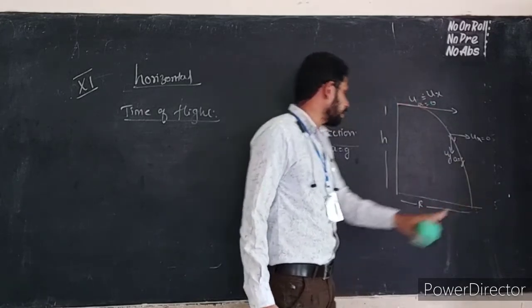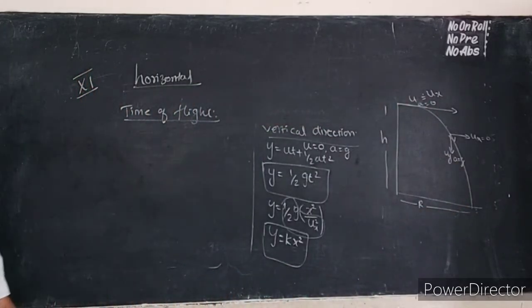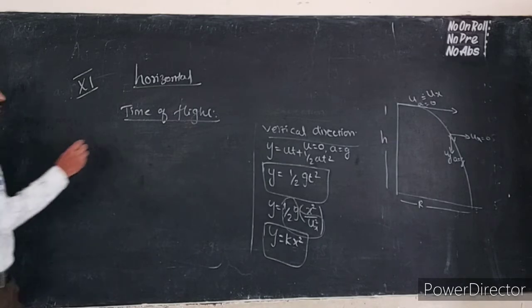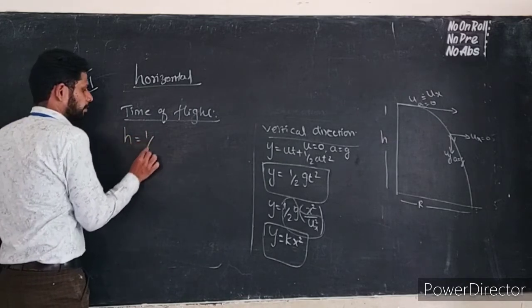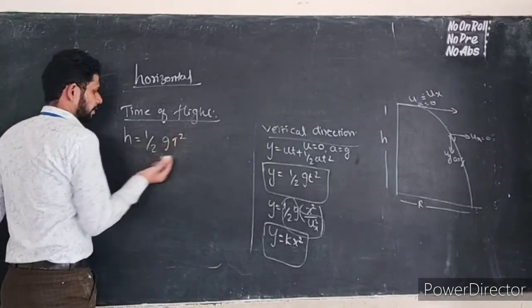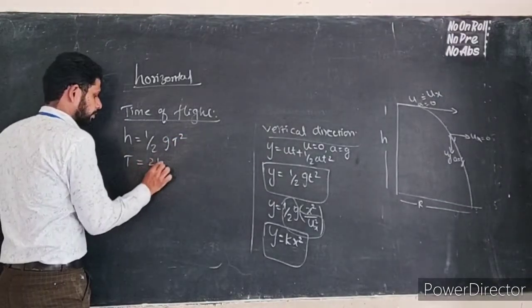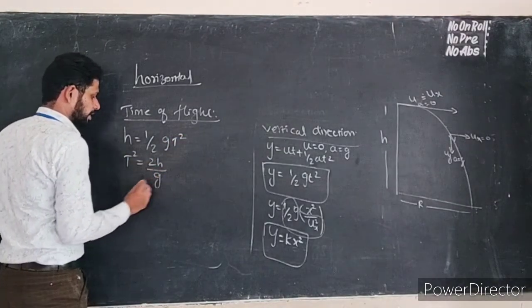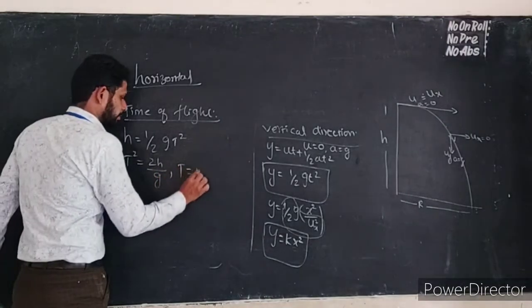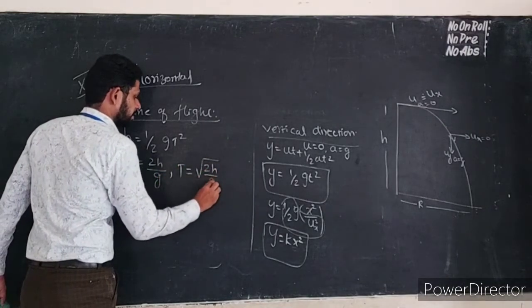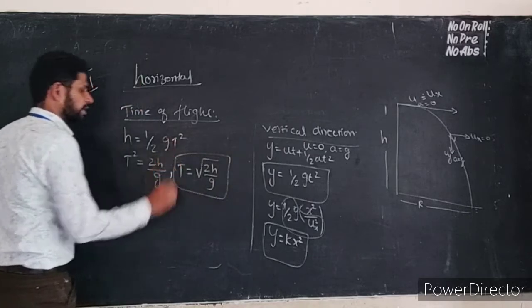We know that the height of an object will be equal to 1 by 2 gt squared. From here, t squared will be equal to 2h by g. t will be equal to root of 2h by g. This is the time taken by the particle to reach the ground.